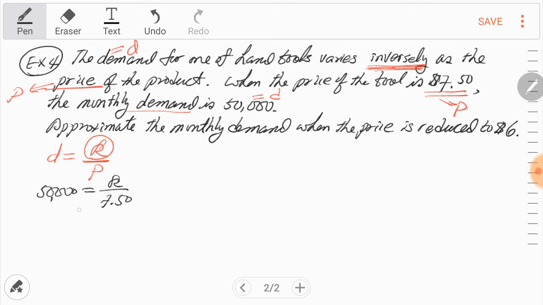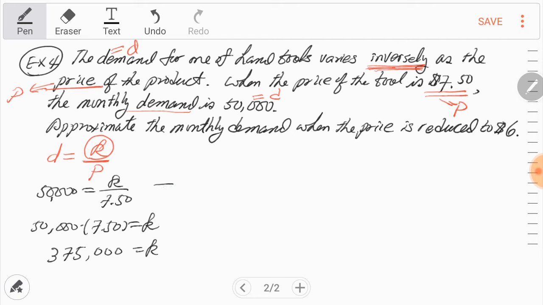So we can do a cross multiply. Then 50,000 times 7.50 is equal to k. So multiply these two numbers, then there will be 35 and 25, so 375,000. So that is the k value, the constant of variation.